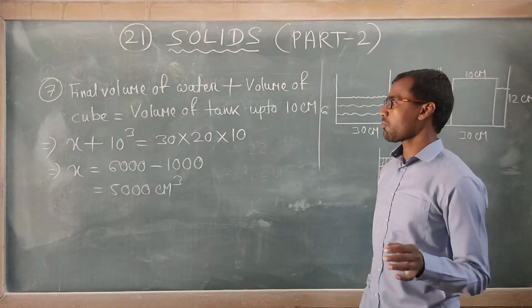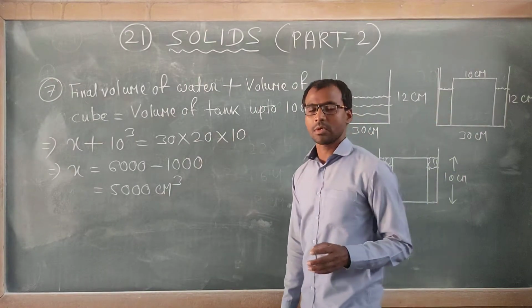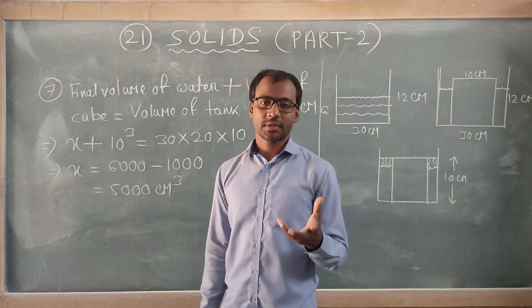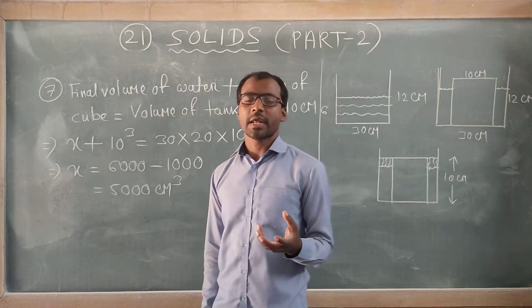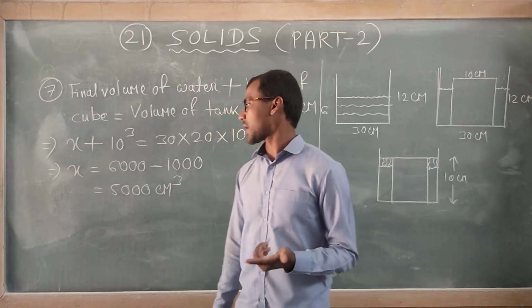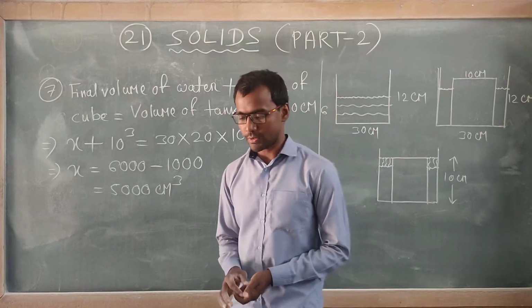The original volume of water is 3600 cubic cm. So how much extra quantity of water has been poured into the container? Definitely 5000 minus 3600.